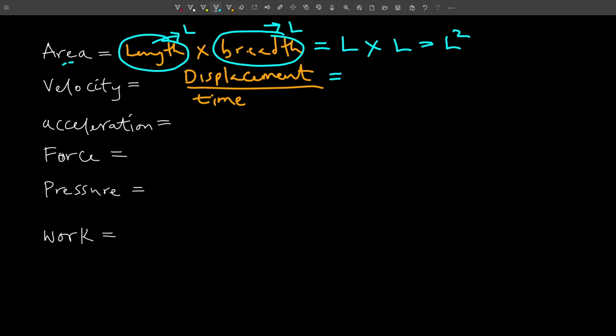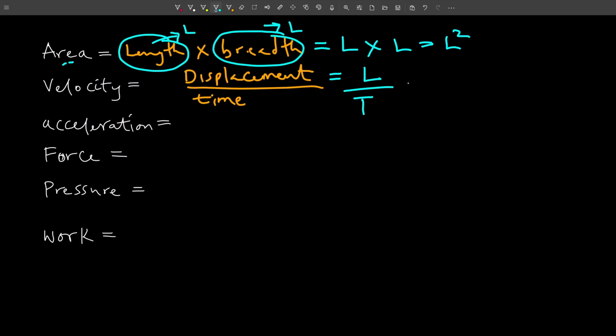So displacement has the same dimension as length, which is L. And time also has a dimension. I gave you dimensions for mass, length, and time. For time it is capital letter T. So the dimension for velocity is L per T.